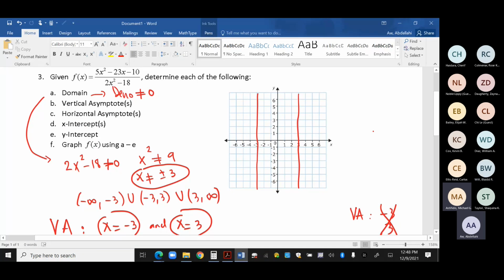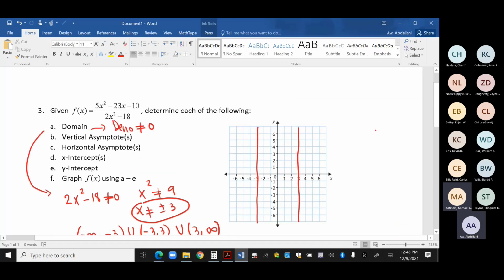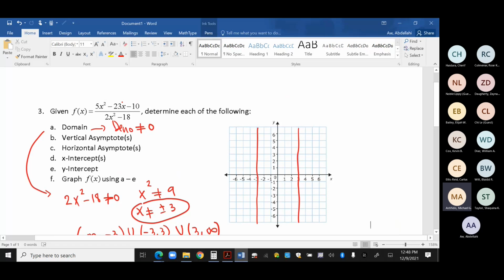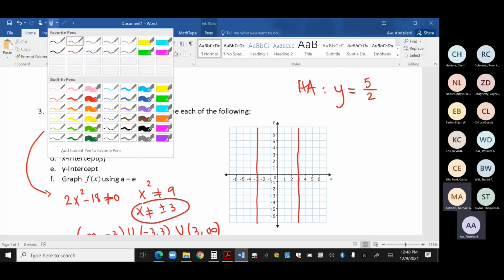Which is the case here: degree 2, so they are exactly the same. So the horizontal asymptote will be y equals the quotient of the two leading coefficients, 5 over 2. y equals 5/2 is my horizontal asymptote.